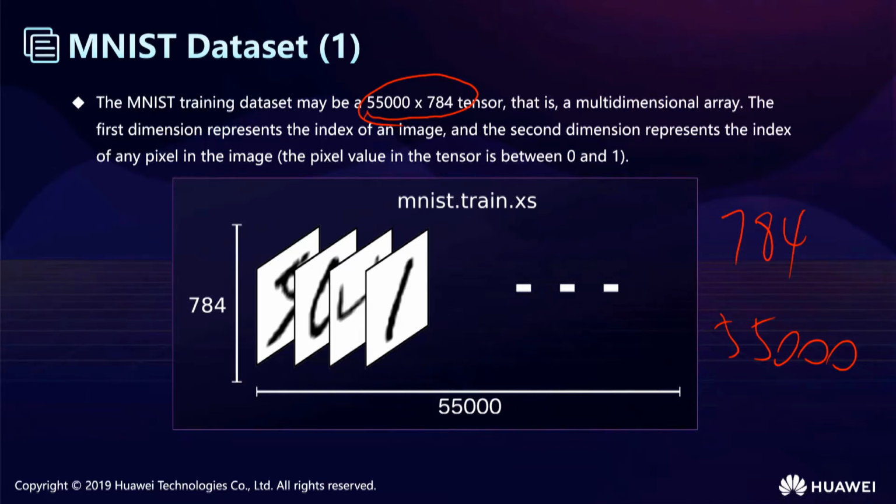When we import the data into our models, we do data normalization first and divide each pixel value by 255. So the pixel values in the tensor are between 0 and 1.